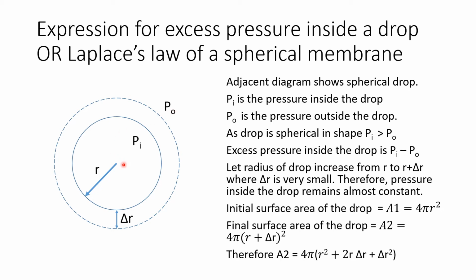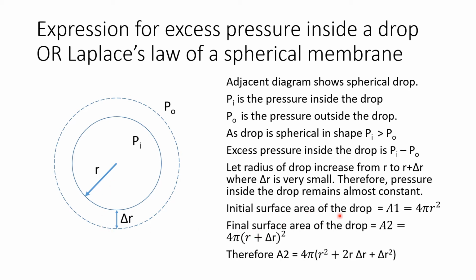Now as the drop is spherical in shape, the pressure inside the drop is greater than the pressure outside, that is Pi is greater than P0, and therefore excess pressure inside the drop, that is the extra pressure inside the drop, is represented as Pi minus P0.